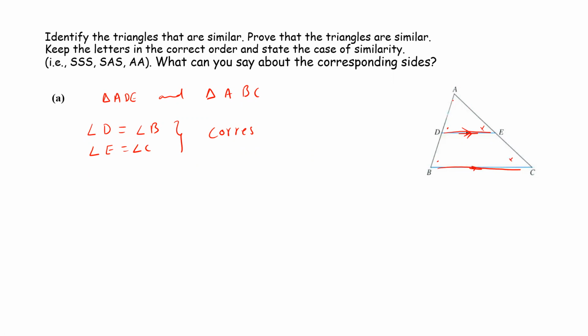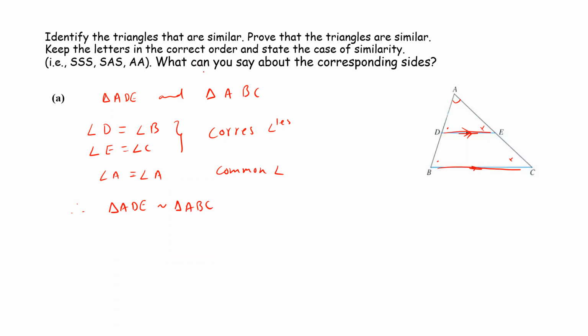You can always say that this is the same angle, so if you want, you may write angle A equals angle A, a common angle. All right, so these are corresponding angles, and therefore you can say triangle ADE is similar to triangle ABC. That's the notation for being similar.